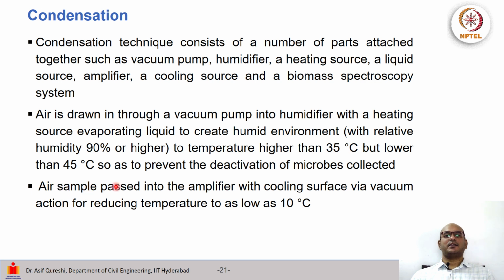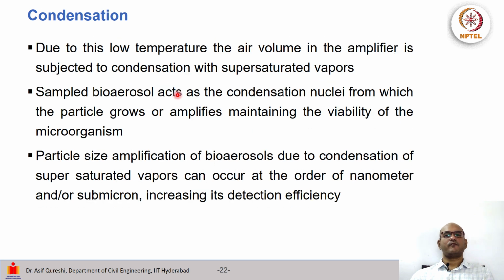The air sample is passed into the amplifier with a cooling surface via vacuum action, and the temperature is then reduced to as low as 10 degrees Celsius. Due to this low temperature, the air in the amplifier is subjected to condensation of these vapors.